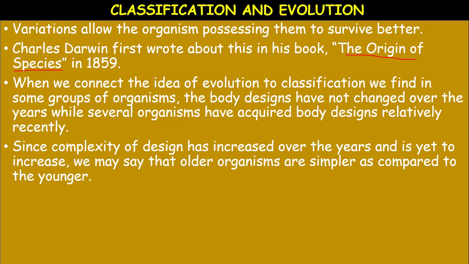Since the complexity of design has increased over the years and is yet to increase, we may say that older organisms are simpler as compared to the younger organisms. During the process of evolution, several changes took place.